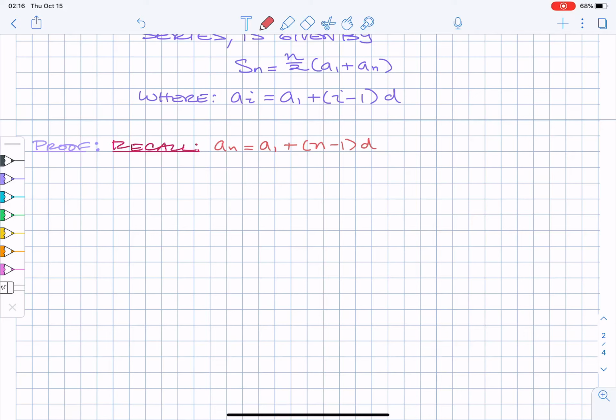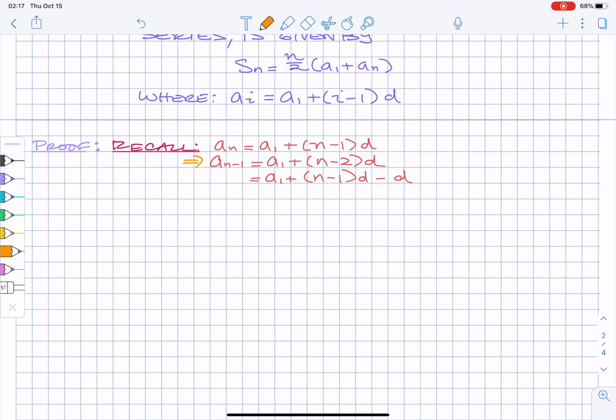So that means that a sub n minus 1 is just a1 plus n minus 2 times d. So that's a1 plus n minus 1 times d minus d.